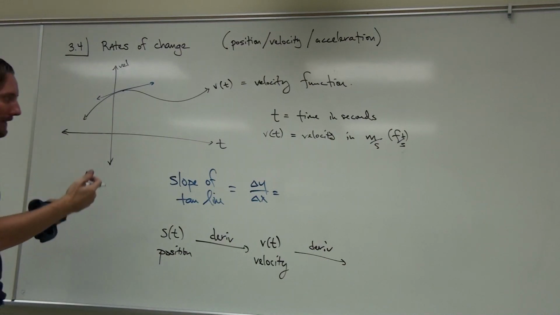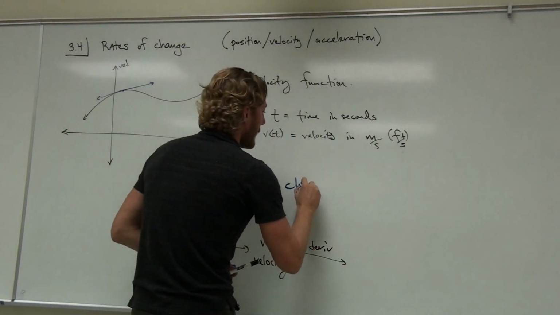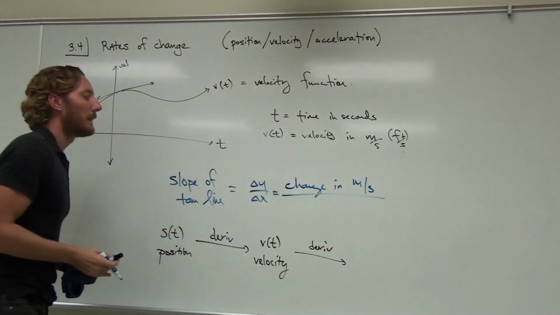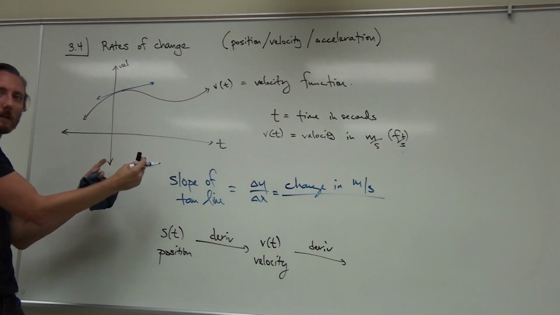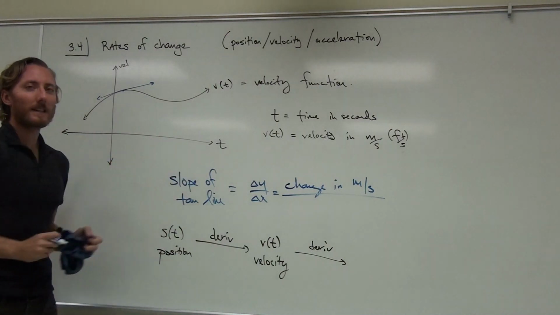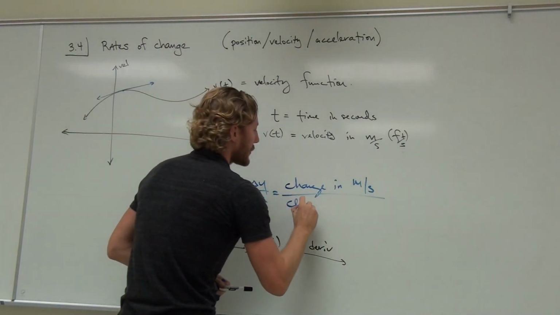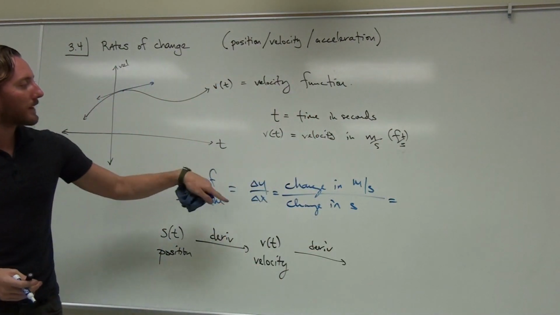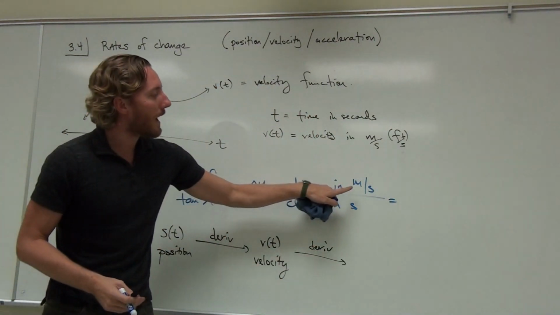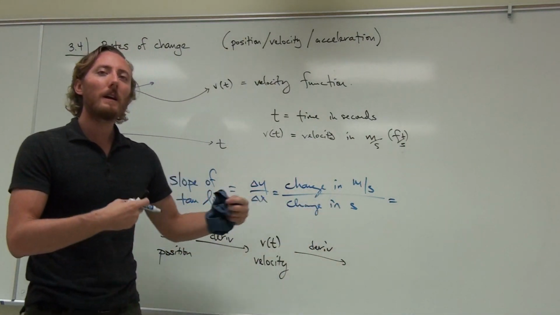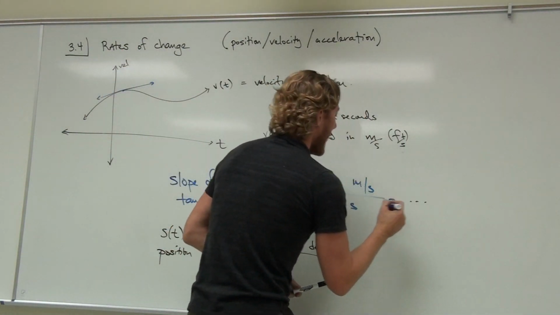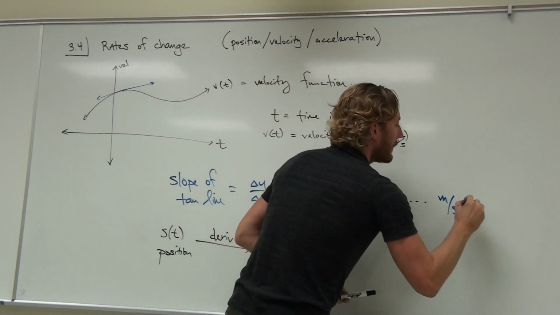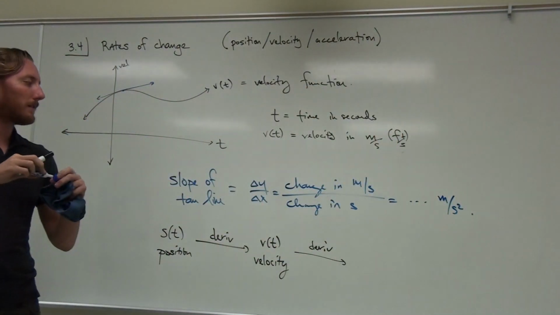That's going to be, in this case, change in velocity, change in meters per second. And now, what's the change horizontally? The change horizontally is along the t-axis. That's giving us a change in seconds. And whenever you divide that out, the rise in meters per second over the run in seconds, you're no longer going to be in meters per second, but now meters per second squared.